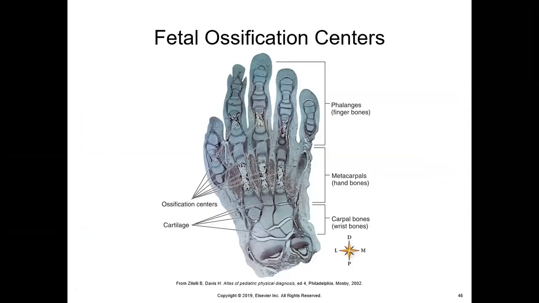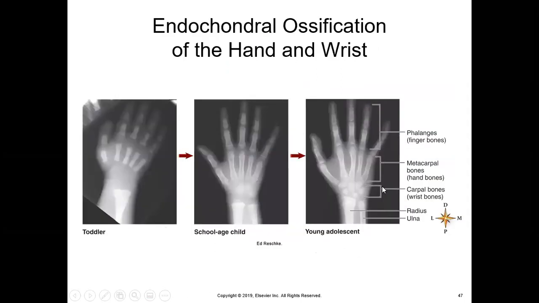This is just a picture of fetal ossification. It starts in the diaphysis, and it becomes calcified going further along the length of the bones. It also shows a toddler, where ossification happens in the diaphysis of the bones first before it gets to the epiphysis.